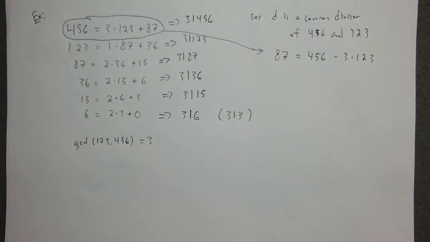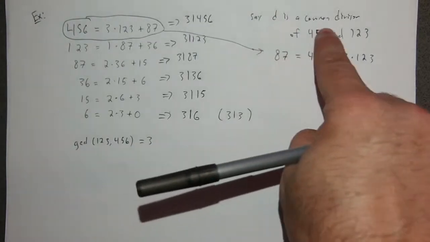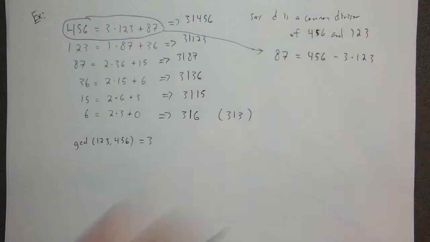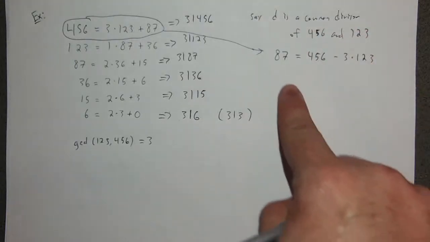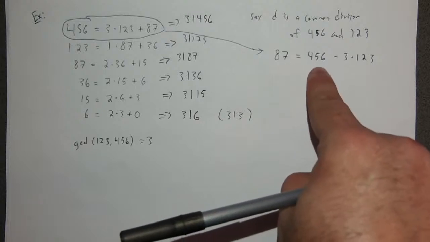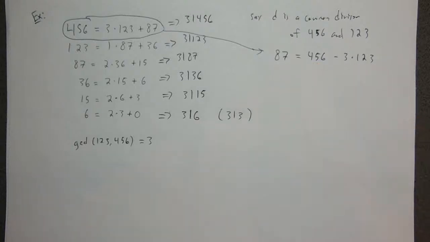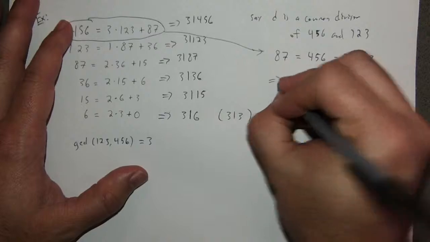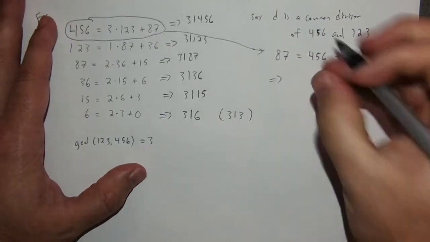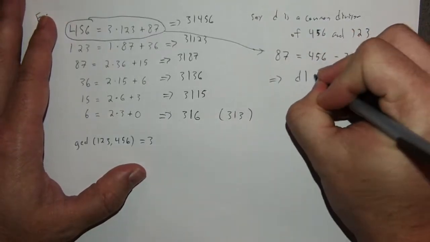And since D is a common divisor of 456 and 123, and since 87 is a linear combination of 456 and 123, this means that D must divide 87.